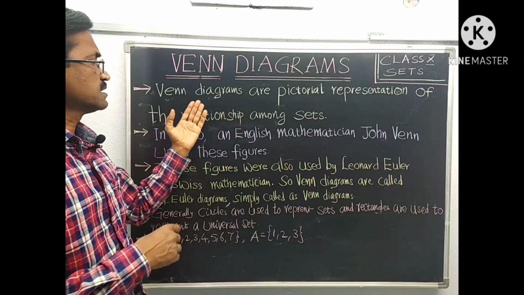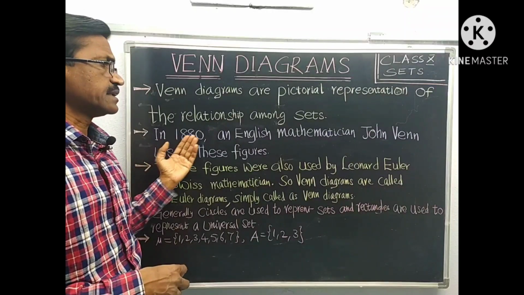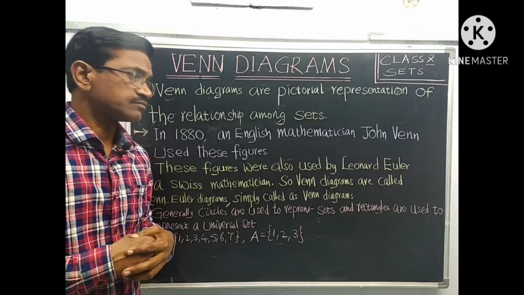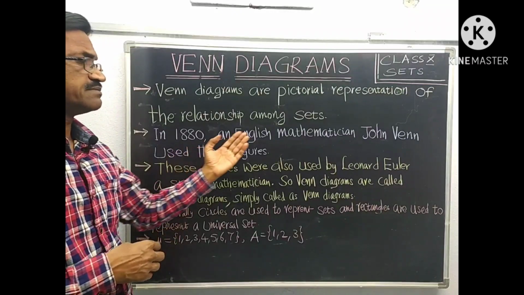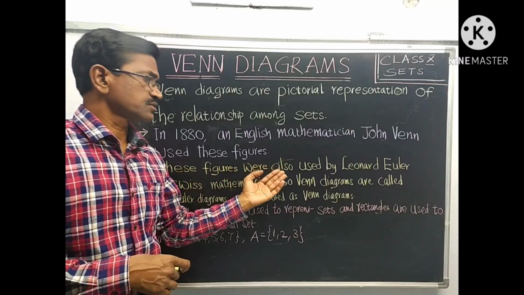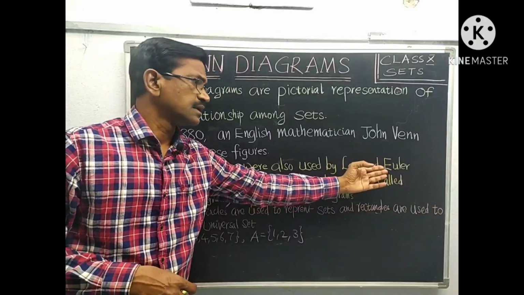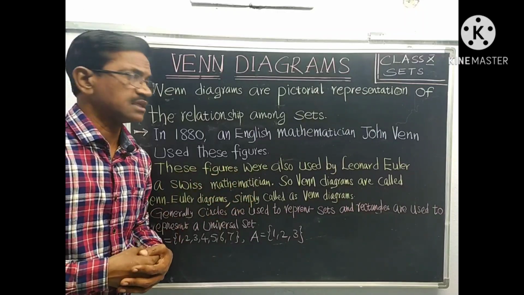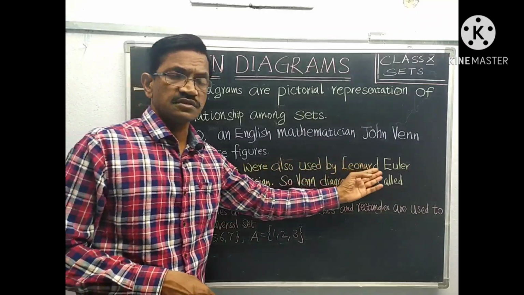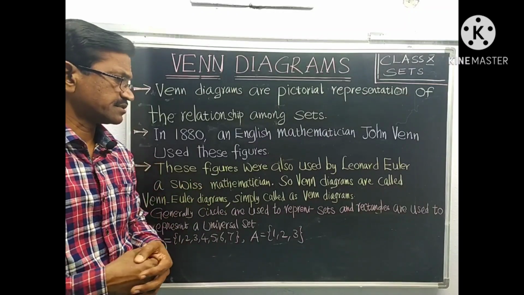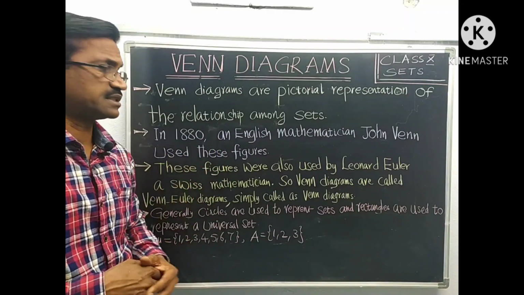And these Venn diagrams were used by John Venn in 1880, an English mathematician. These figures were also used by Leonhard Euler, a Swiss mathematician. Swiss mathematician means Switzerland mathematician, and here a British mathematician.